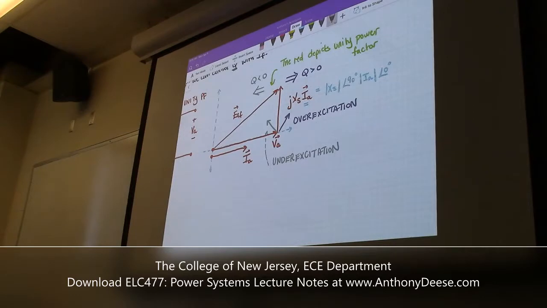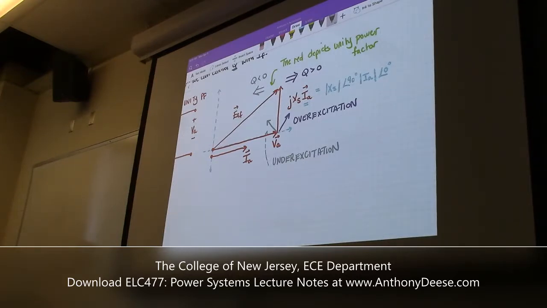Just to reiterate, the lines that you're drawing, the overexcitation and underexcitation, that would be if it had some real components too. If IA did not have an angle of 0, then that would cause it to tip to the right or to the left.